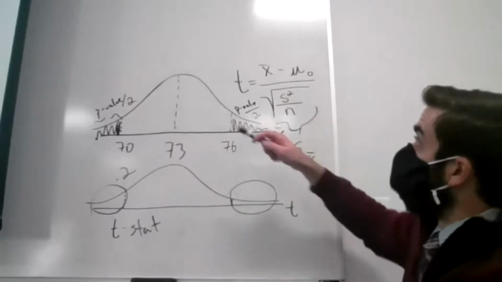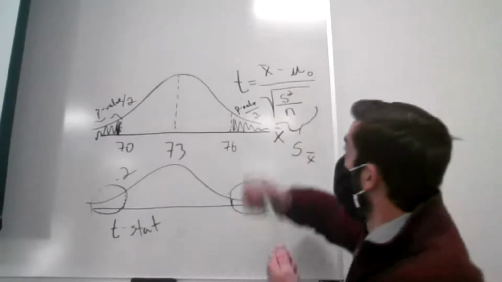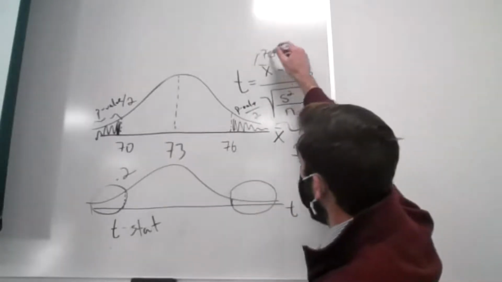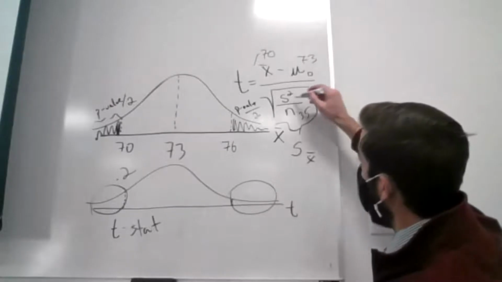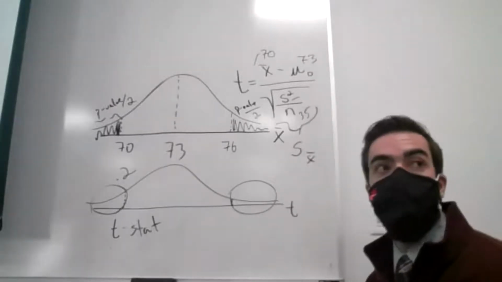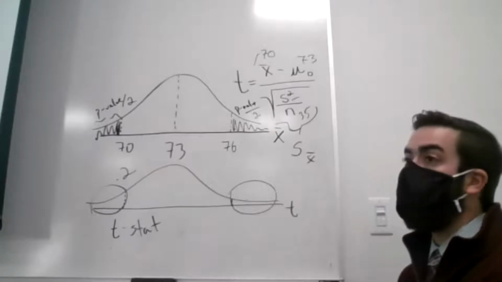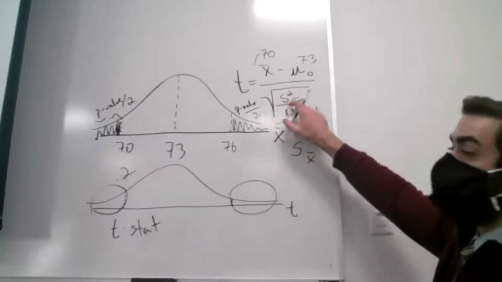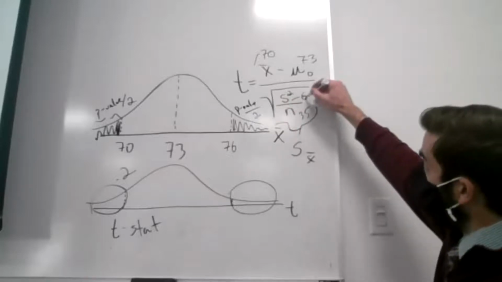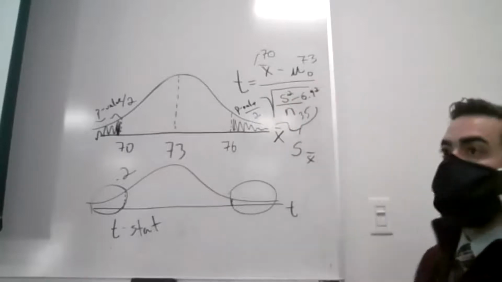So I plug my values in. I have 70 here, which was the sample mean I found, 73, the assumed true mean, and 35 was my sample size. Now I have to be careful here. I don't just plug 6.9 in. I have the standard deviation, so I need to plug the variance in here. So 6.9 squared.